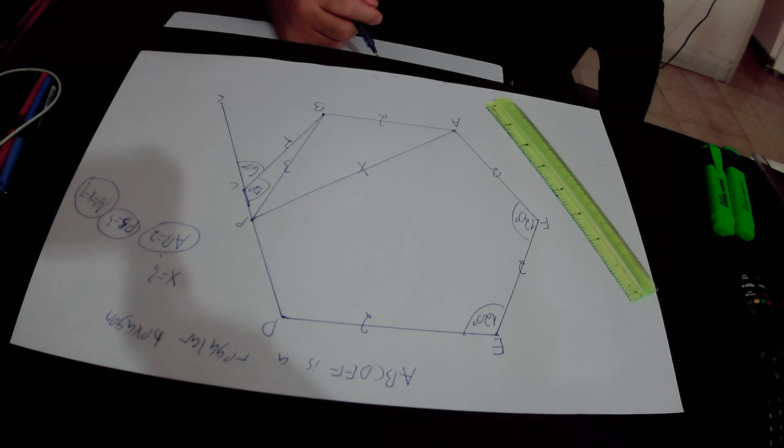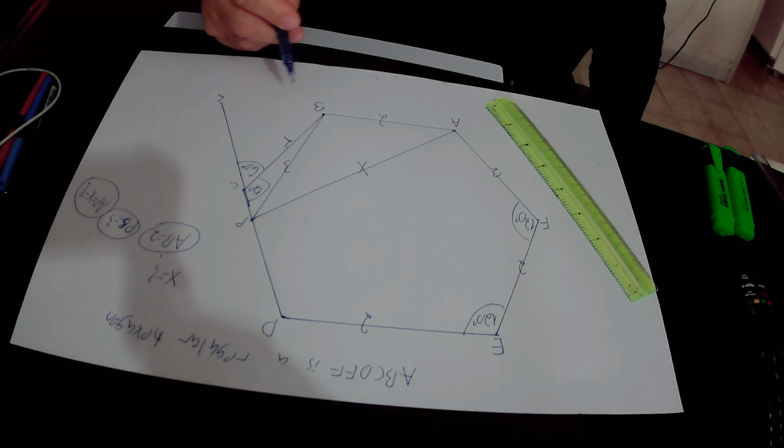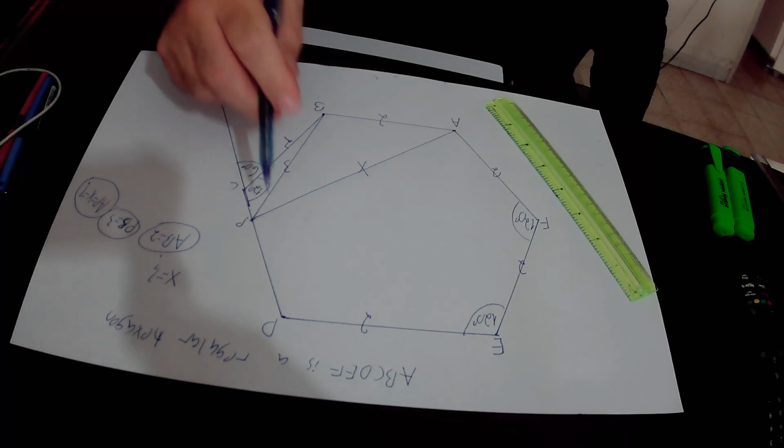In the next step, from point B, we will draw a perpendicular on the extended DC, that is, a perpendicular from point B on DL.